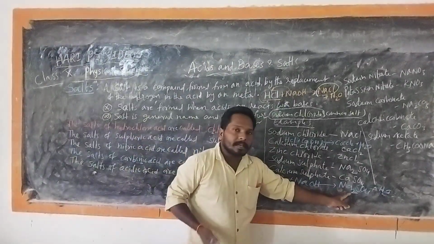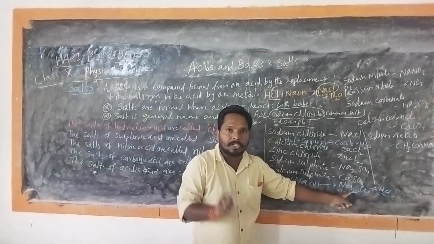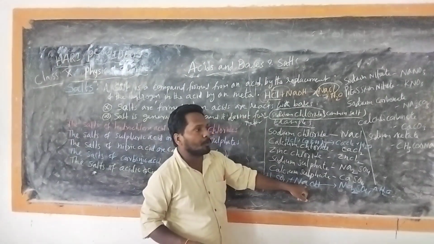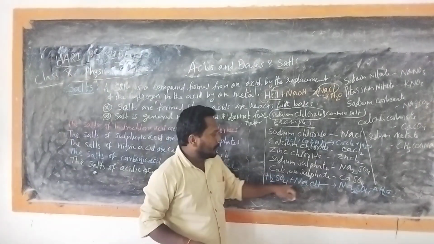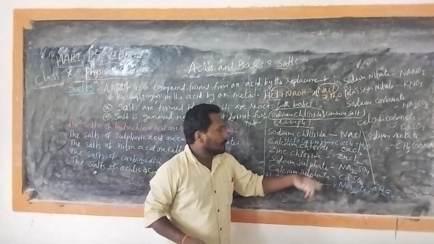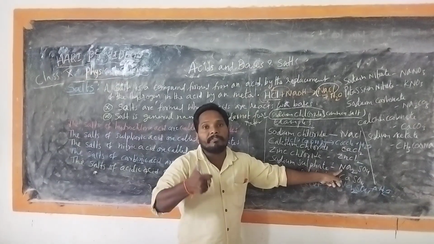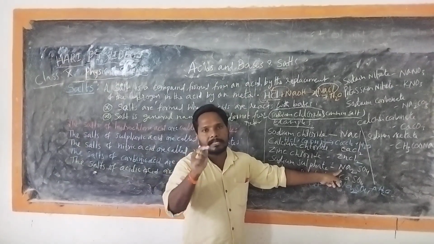So sodium sulfate is obtained from the reaction between sulfuric acid and sodium hydroxide. Since it is obtained from sulfuric acid, it is named sulfate.